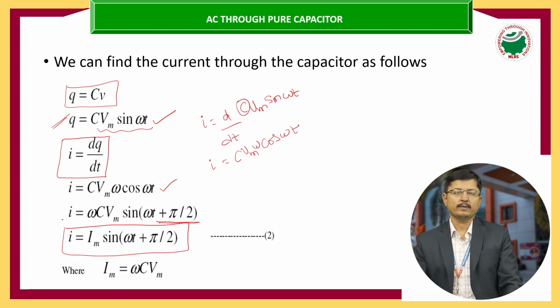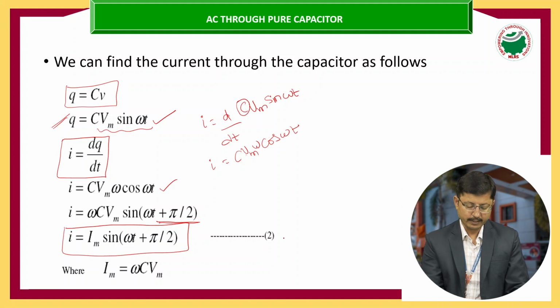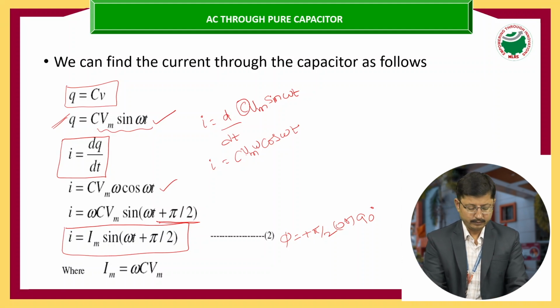From this expression we can say that the phase angle is plus pi by 2 or 90 degrees. That means here the current leads the voltage by an angle of 90 degrees, where Im is nothing but omega C into Vm.